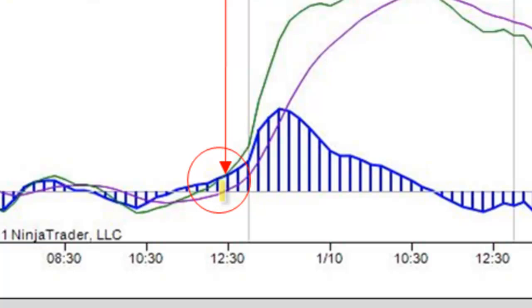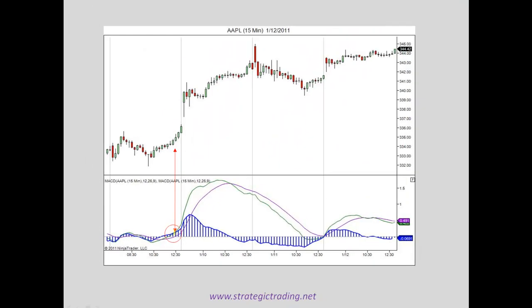If in fact the signal line crosses above to the upside and continues moving up, it can in fact prove to be a notable signal, as it was in this case. Prices did in fact continue to move up. And if the opposite is occurring, it could in fact generate a reasonably good signal to the downside if the signal line crosses to the downside of the line above the histogram.